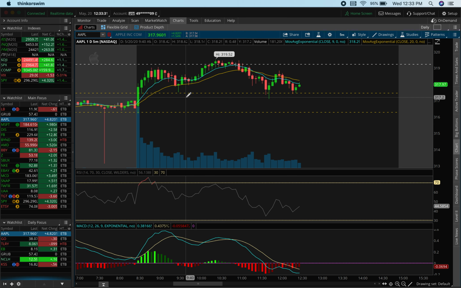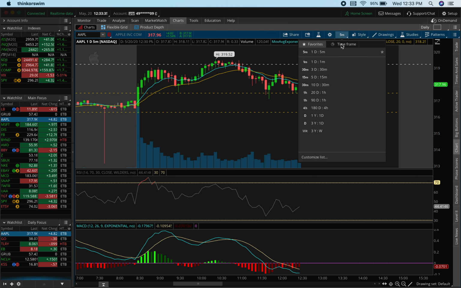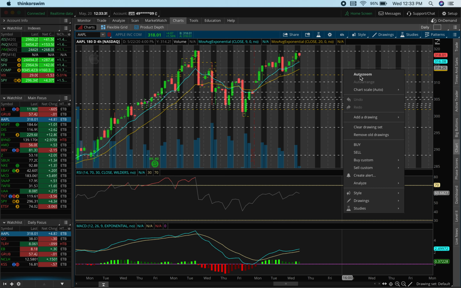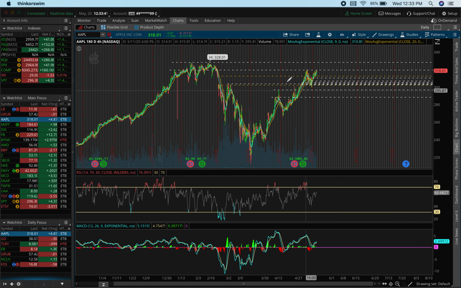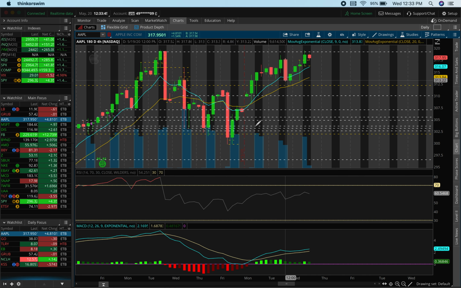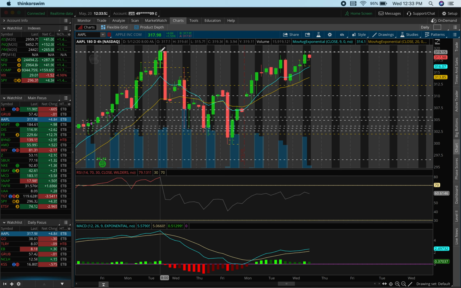So what you want to do is identify your support and resistance, and the way that I get it, I always go back to at least like a 180-day 4-hour chart. Ignore all the lines. I trade Apple so many times. Then just look at whatever's closest to this right here. So in this case, it would be this right here for my resistance level.